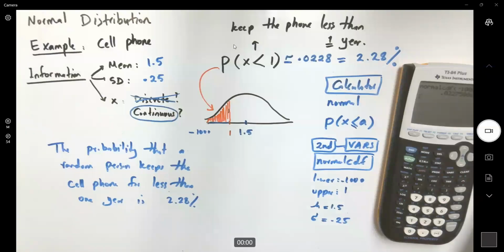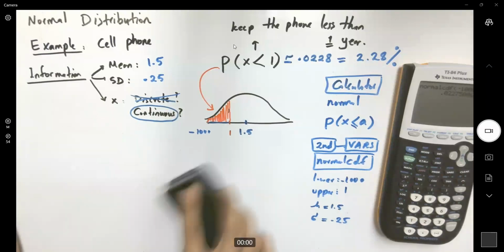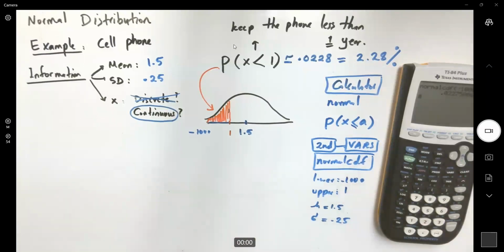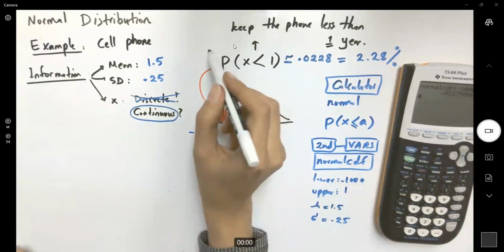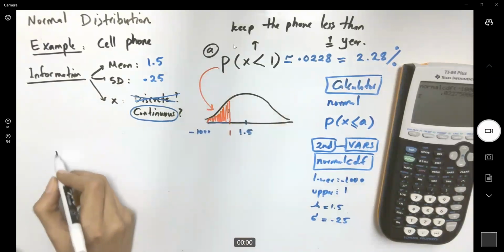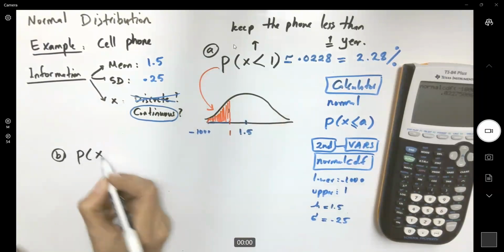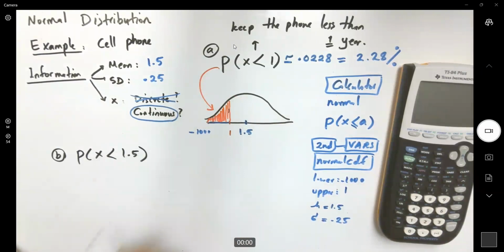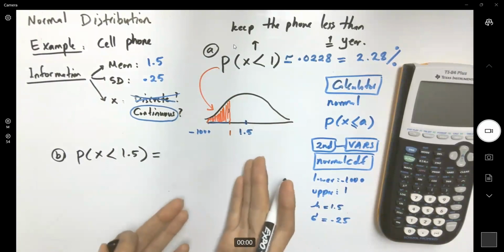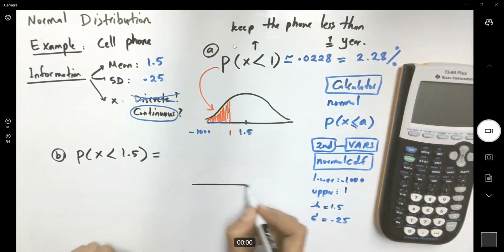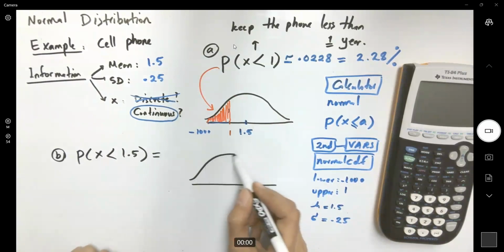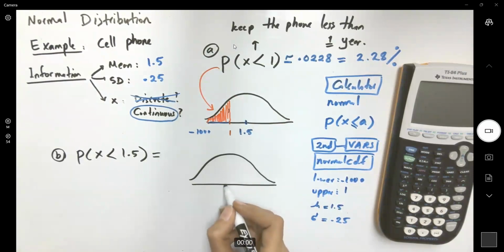So if I ask you to find the probability that a person keeps the cell phone for less than 1.5 years, P of X less than 1.5 years, what is that probability? What's the meaning of this probability? It means that we are looking at a normal distribution. We know that the mean is 1.5 years, am I right?